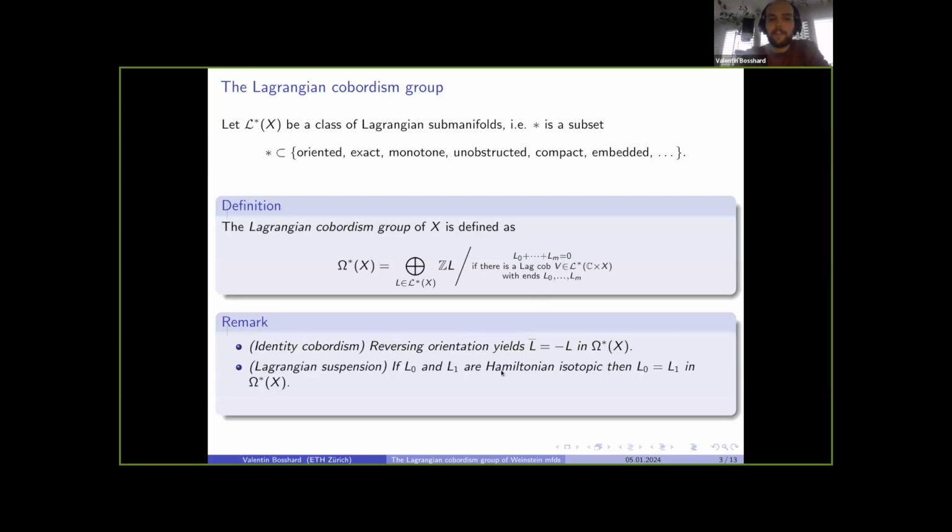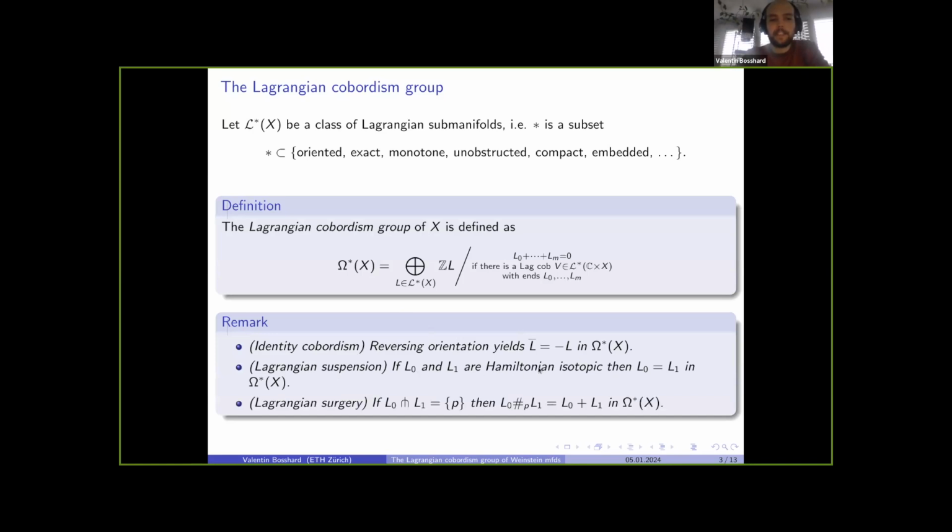Then also in this Lagrangian cobordism group, if two Lagrangian submanifolds are Hamiltonianly isotopic, then they're equal in the Lagrangian cobordism group. This is called the Lagrangian suspension cobordism, which goes also back a while, was already looked at.